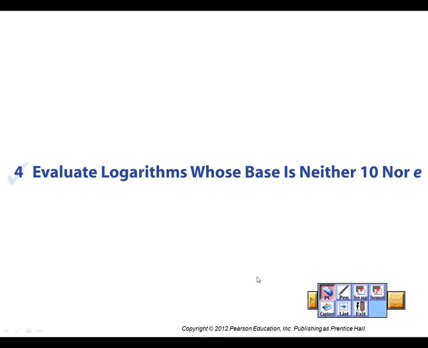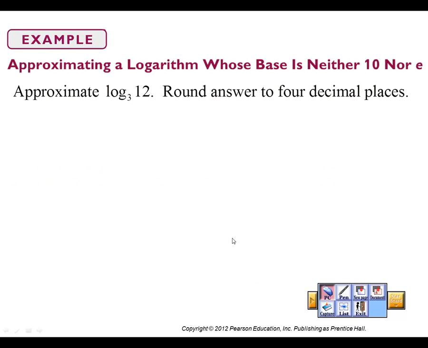Okay, so here we want to use the change of base. We want to approximate a logarithm whose base is neither 10 nor e, so we can't use the calculator. Well, let's see, we don't know what 3 to some power is going to give us 12 in exponential form.